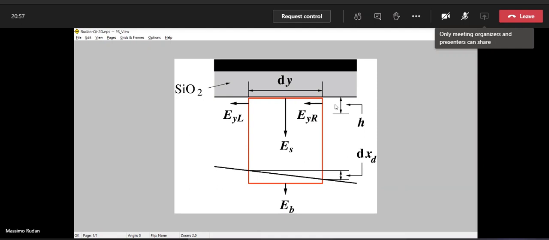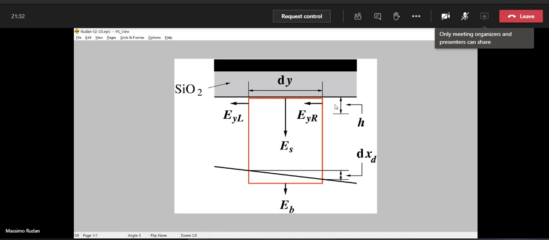So when we calculate the charge per unit area inside the red line, we must consider also the field that is normal to the right face, and this is indicated with EYR, that means the component of the field along the Y direction calculated on the right side of the cylinder.